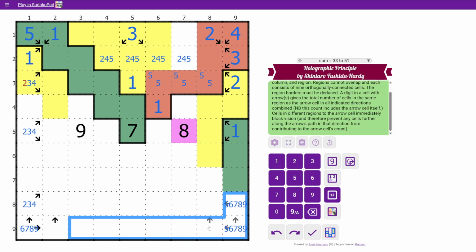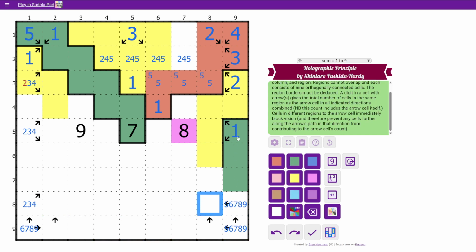can that be 9? Well, no, I guess first off, we could ask, could it be green? Or could this one be green, rather? And if this was green, then it would have to include these two as well, right?